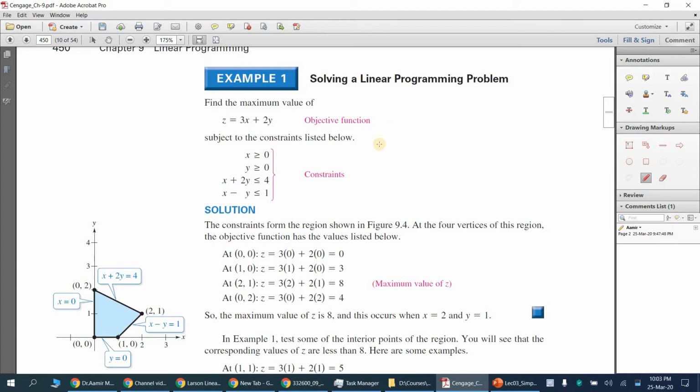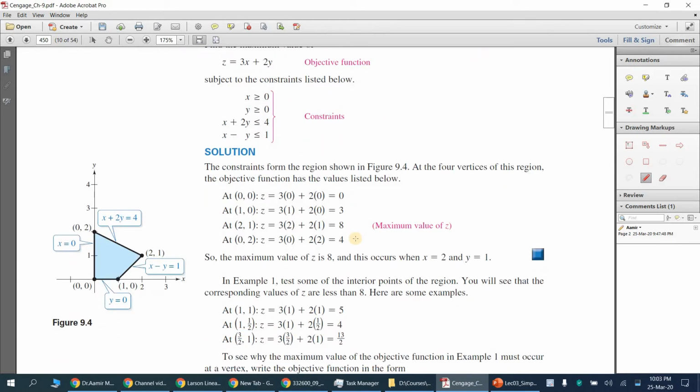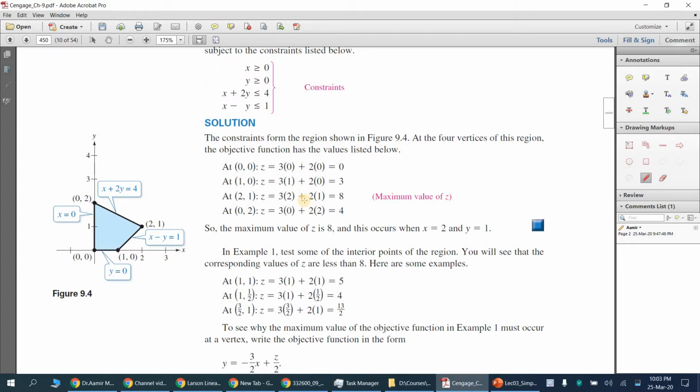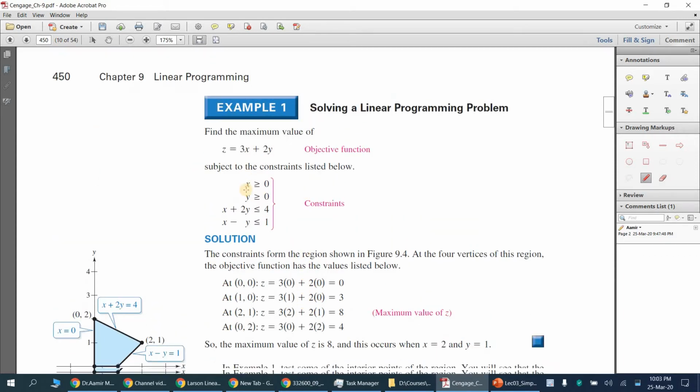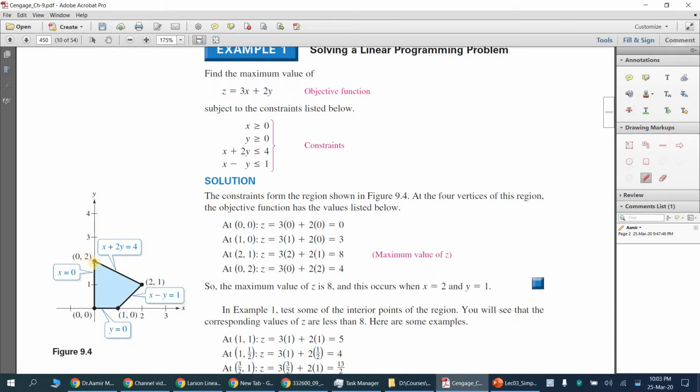You have the objective function and the constraints, you try to solve them, you plot them.